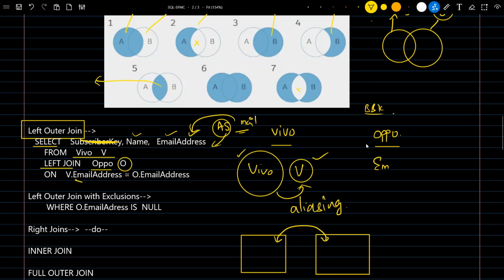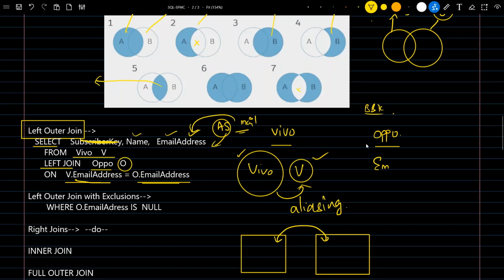Here it is the email address, given in the Vivo data extension and in the Oppo data extension, both the same. Based upon the common email address, we are categorizing the customers of Vivo and Oppo and combining them into one. So here we write V dot email address equals O dot email address.